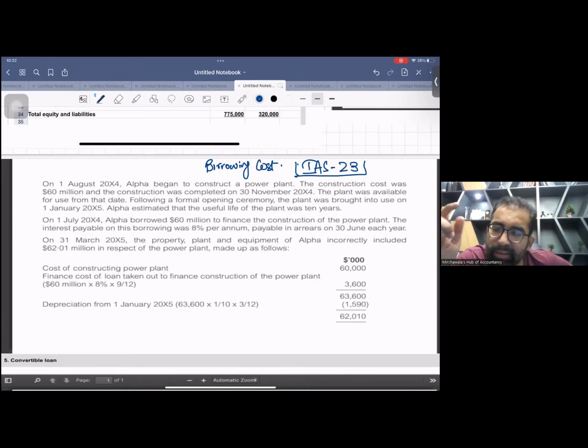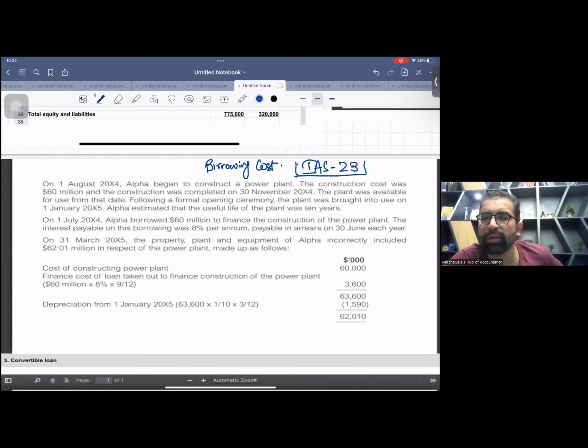And the date on which you complete the project, you will end the capitalization. So from the start of the contract to the end of the contract, yes, all the other areas of interest will go in P&L.